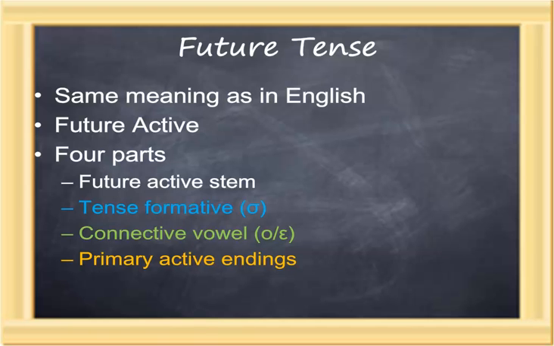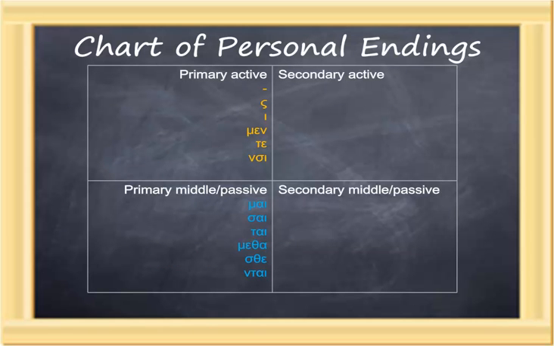Essentially, the only difference between the future active and the present active is the presence of the sigma. We'll use the same chart of personal endings to form the future active. We'll use the primary active endings.